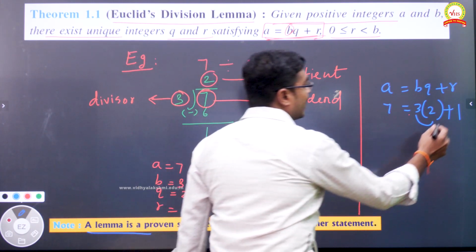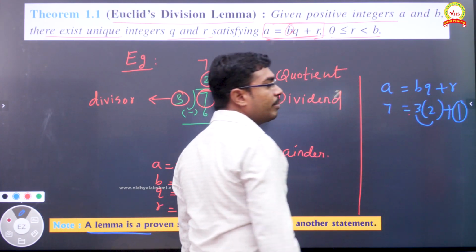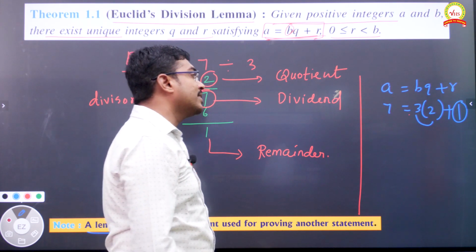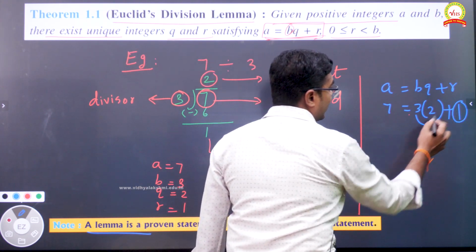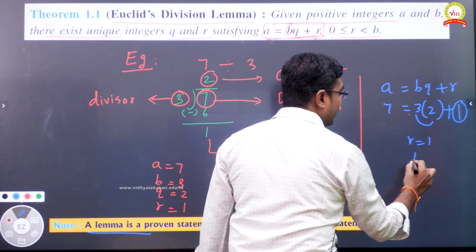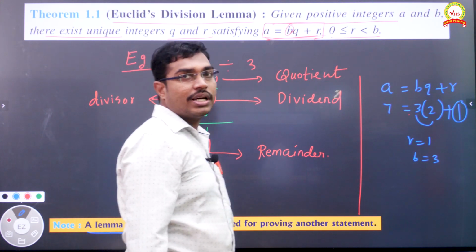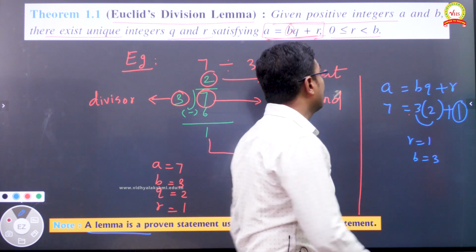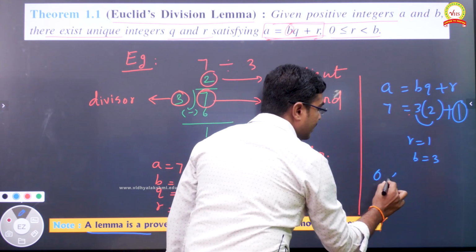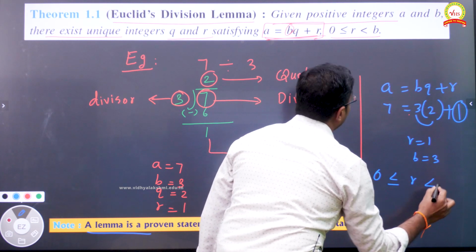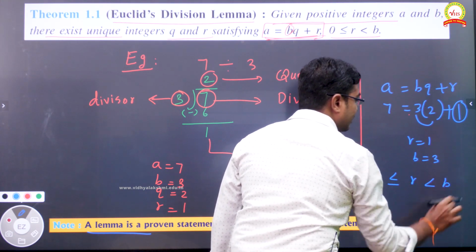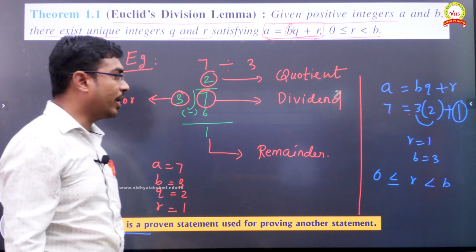This is the remainder. Remainder comes only less than the divisor. What is the divisor here? It is 3. You take any division, the remainder comes less than 3. So, 0 less than or equal to remainder less than b. b is the divisor.